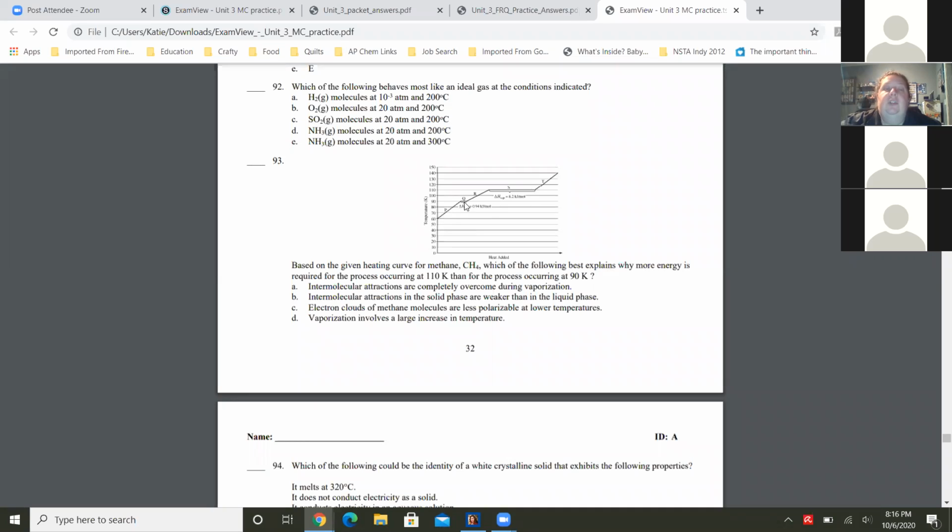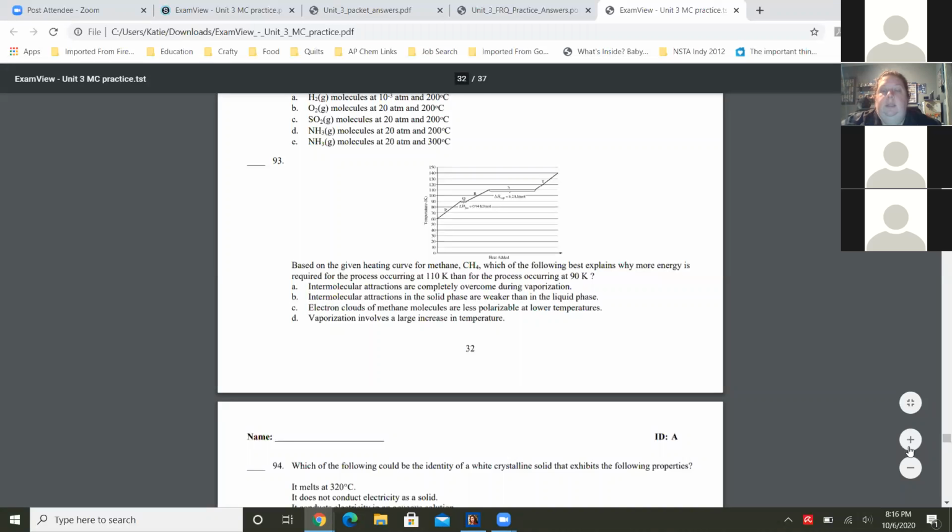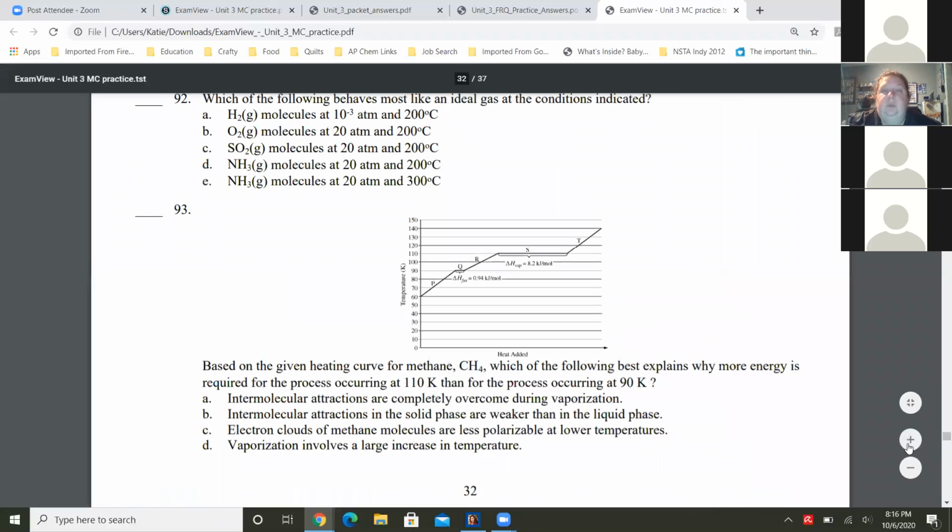Q is the amount of energy needed to change from the solid to a liquid. R is where we have a liquid. S is where we're converting from a liquid to a gas, and then T is where we have a gas as our only phase.